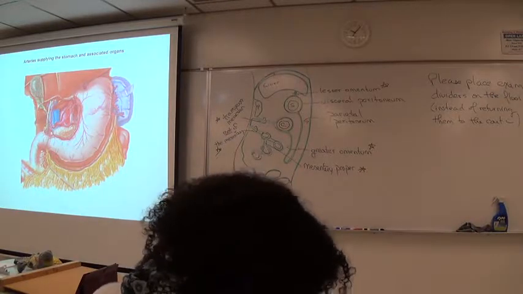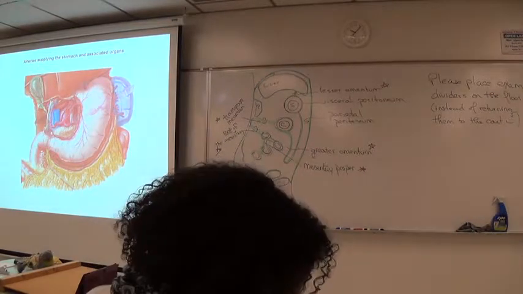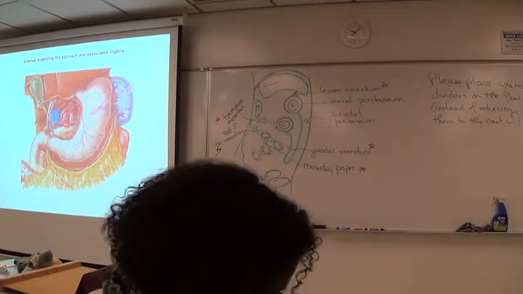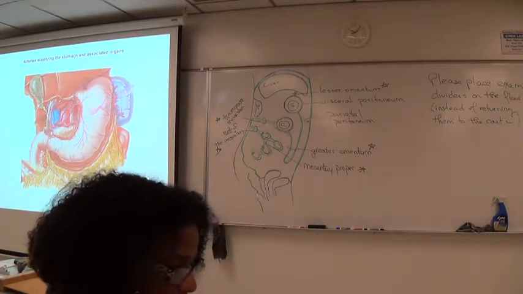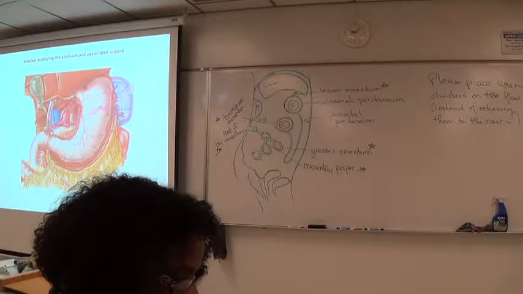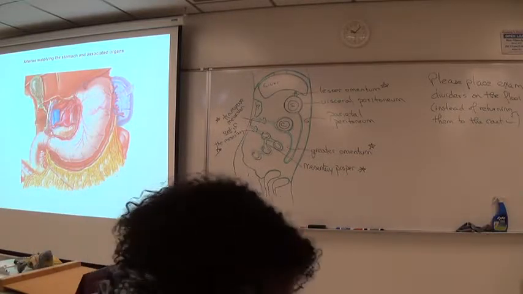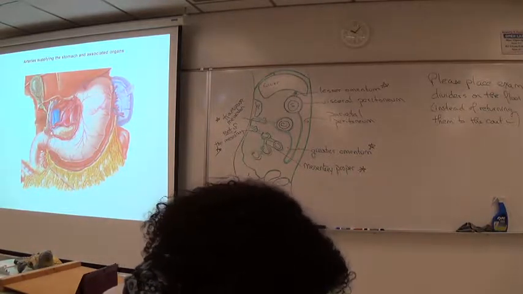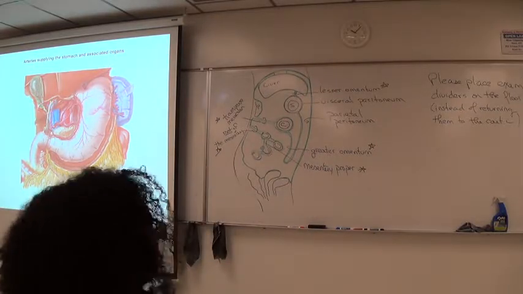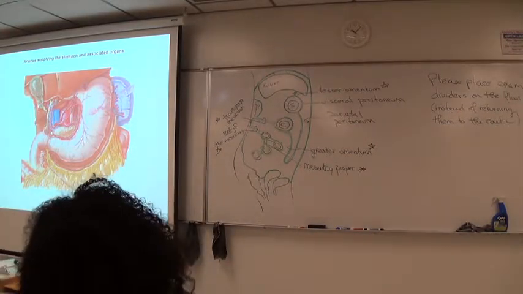Take a picture if you need to of what's on the board because I'm going to erase it. And we're going to look at blood supply to the stomach. Most of these are review, but there's a few new ones that are branches of the blood vessels that we went over when we did the cardiovascular system.